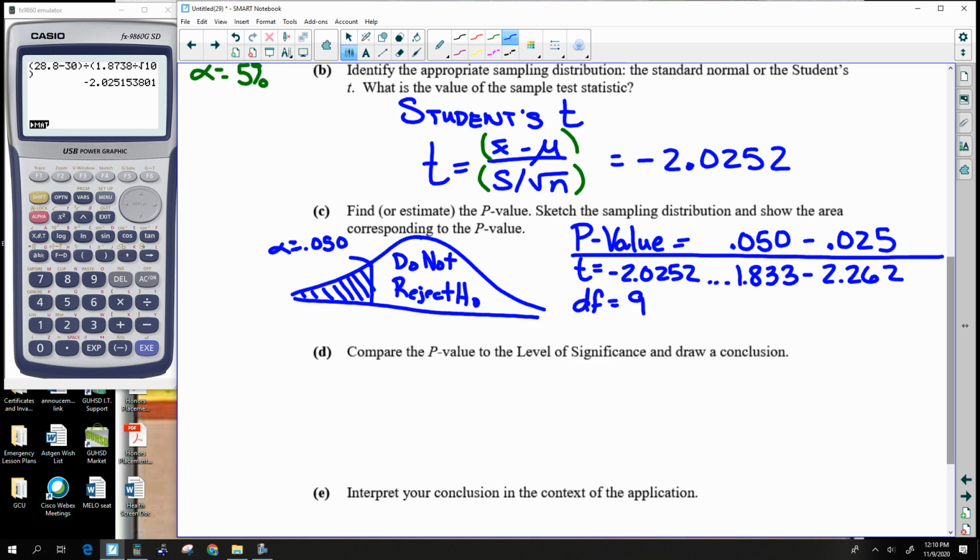So what do I do for which way does it go? Does it lean towards the do not reject H naught, or does it lean towards the rejection zone? And the other number is the determining factor, and I see that the other number is 0.025.